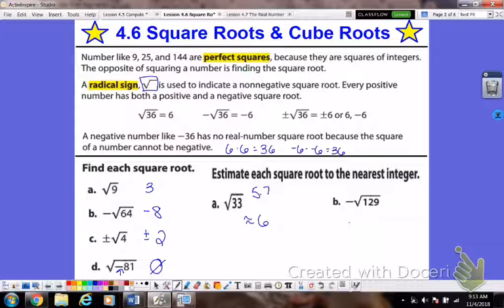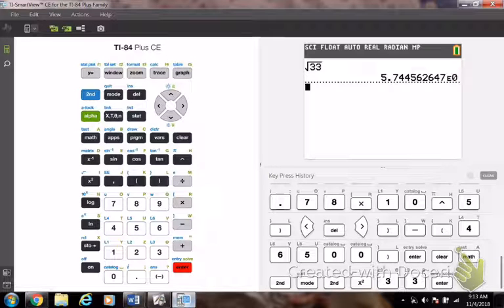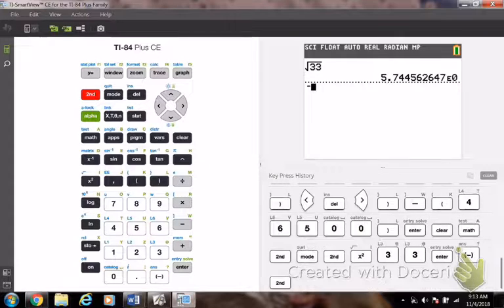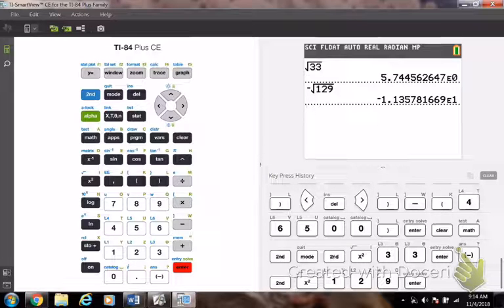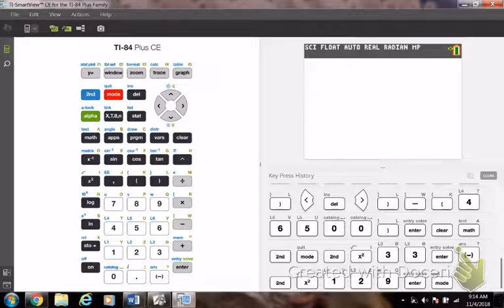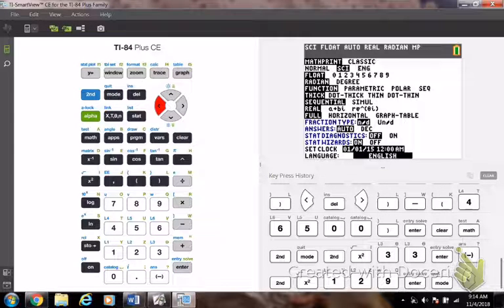Okay, same thing here. Knowing it's going to be negative. Go back. So negative first, second, x squared gives us our square root, 129, enter. Alright, we actually want to take this out of scientific notation real quick.